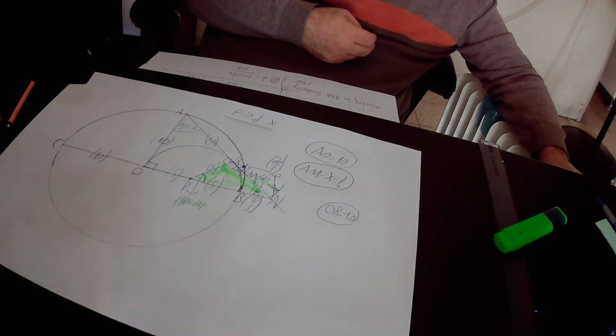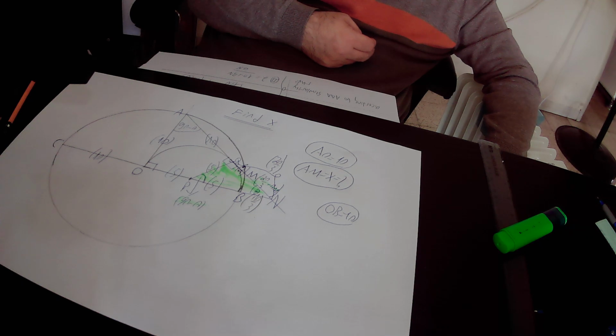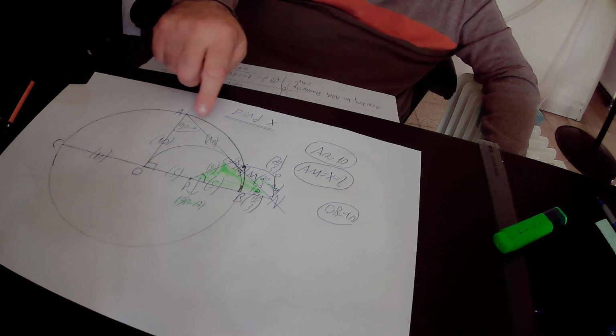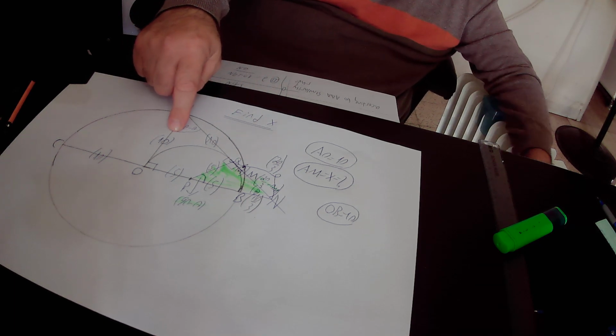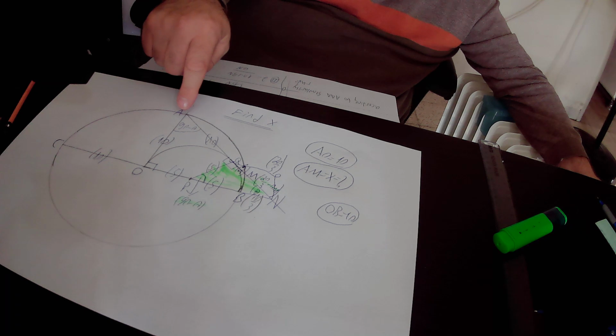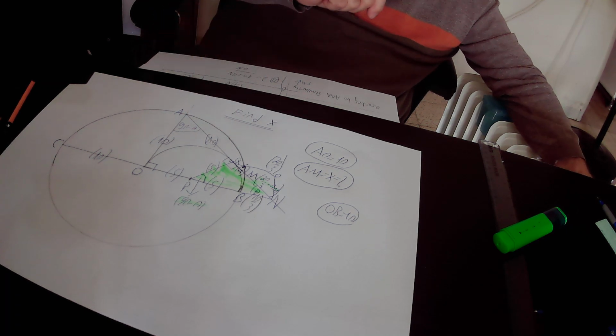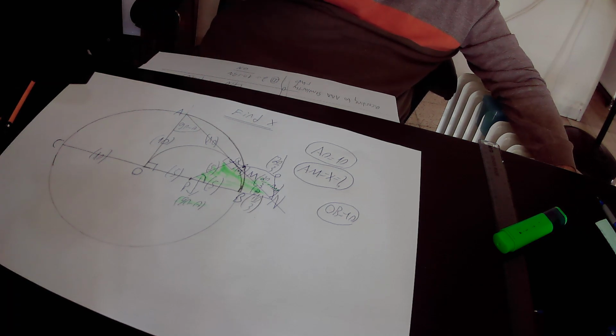According to rule number 2, they must be equal to each other. The lengths of two tangents from a common external point to a circle are equal. Therefore, AO equals AQ. But AO equals 10 according to what is given, therefore AQ must also be equal to 10.